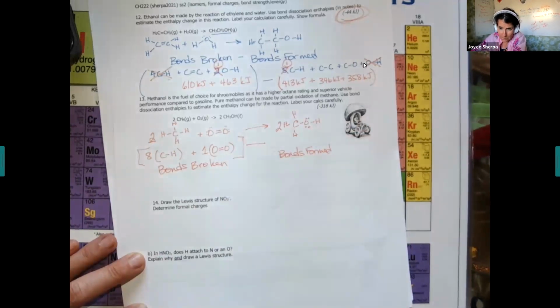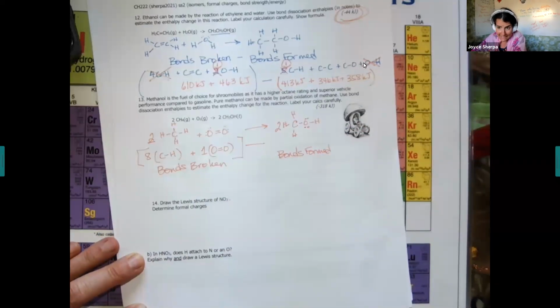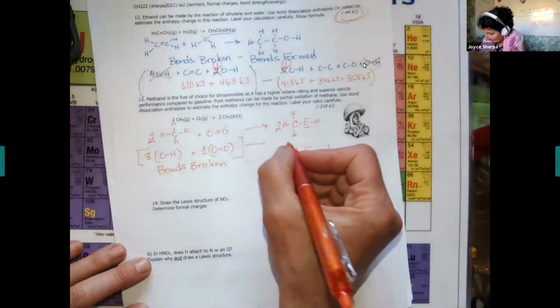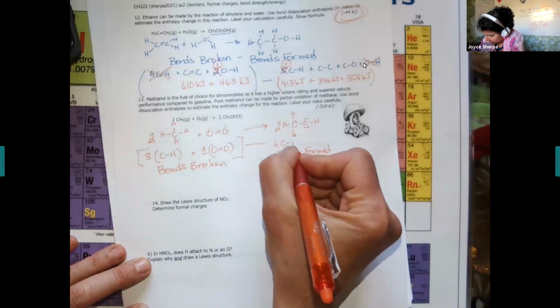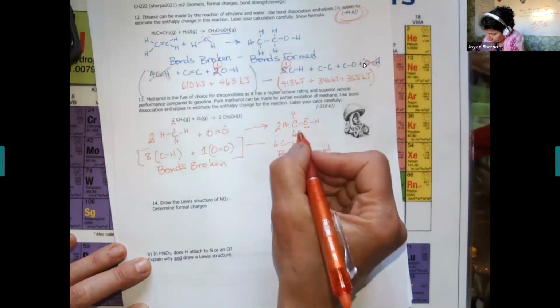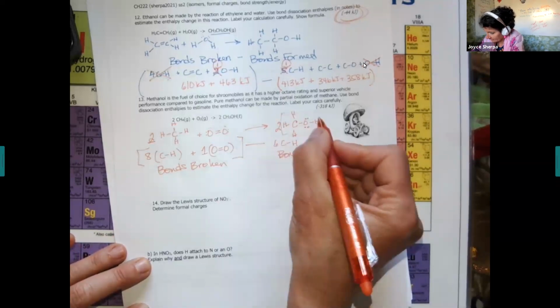Carbon always makes 4 bonds. The only exception to that I know of is carbon monoxide, and that is probably why carbon monoxide bonds to hemoglobin so much better than carbon dioxide. All right, so what we have here are 6 carbon-hydrogen bonds. So there's 3, and then we double everything.